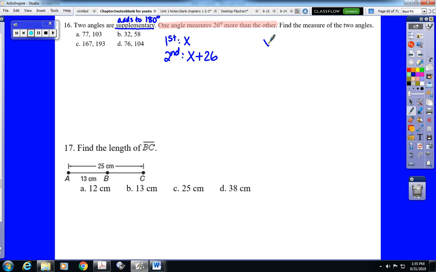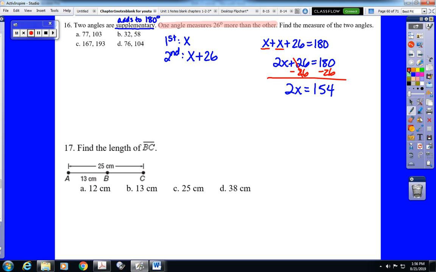So then we would set up an equation where we add those two together and set it equal to 180 degrees. Combine like terms would be 2x plus 26 equals 180. Subtract 26 from each side would give us 2x is 154, and then divide by 2 would give us x equals 77.